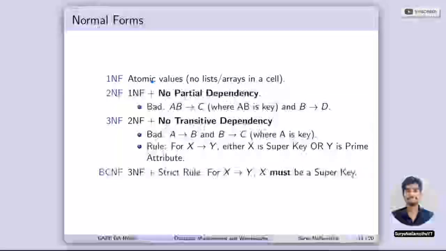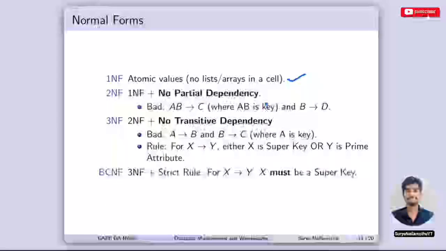First, check whether 1NF is satisfied: if we have multiple values in the table, then 1NF fails. Then the next case is 2NF, which is considered only after 1NF. In 2NF, no partial dependency must occur.